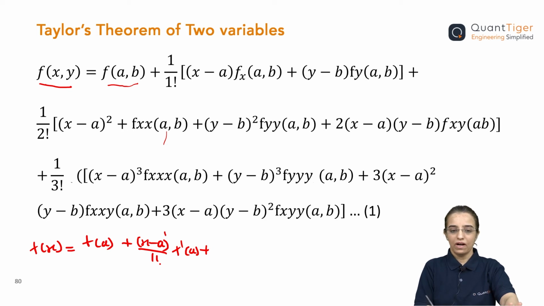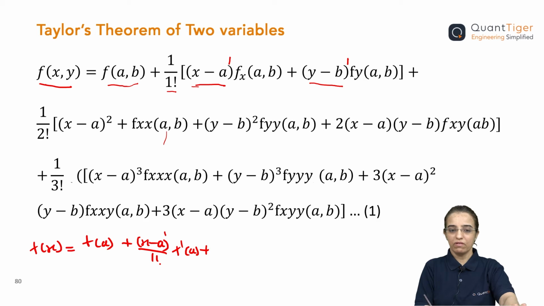Now here again the x minus a we wrote as it is, because it was involving the x variable, and similarly since y is also there, we will be including y minus b, and if you look here, it has the power 1. Now whatever the power is, that much factorial we will apply, so 1 factorial I have just kept outside.